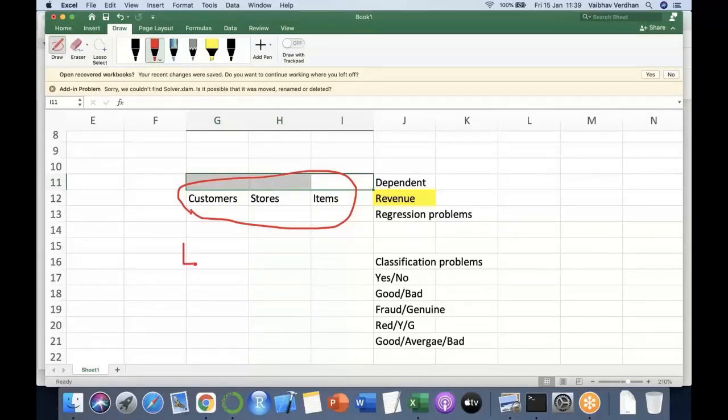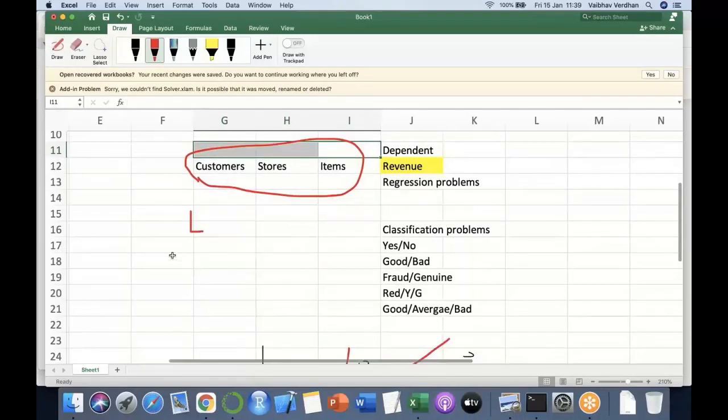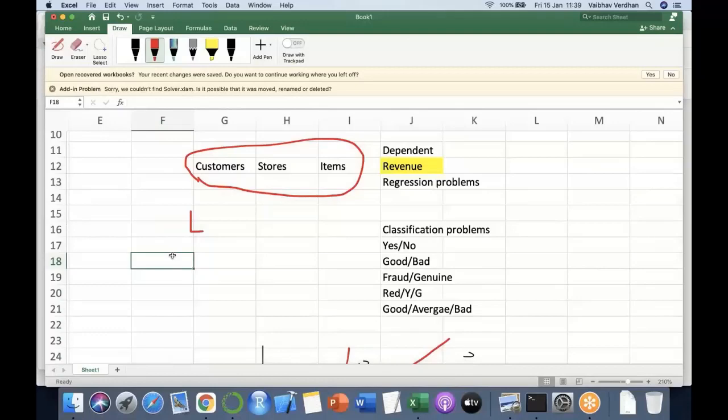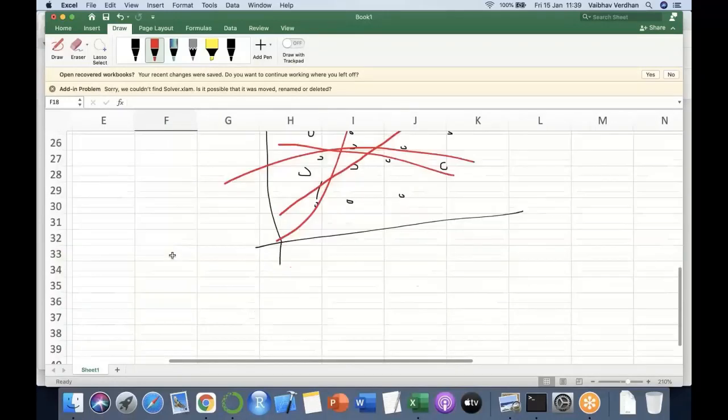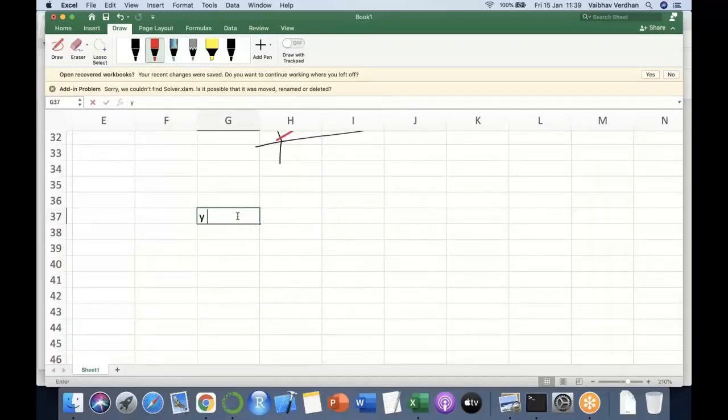If you extend this concept to non-linear regression... When I say linear regression, I mean that y is equal to, let's say, ax1 plus bx2 plus cx3, and so on and so forth, right? That is linear. Why linear? Because the power for each of the variables is 1, right?